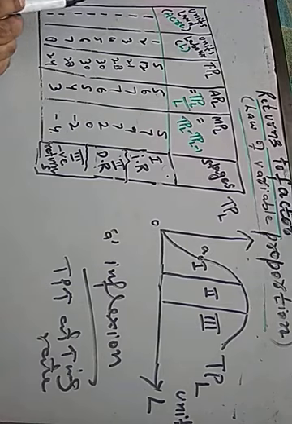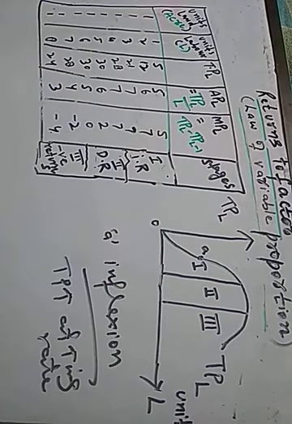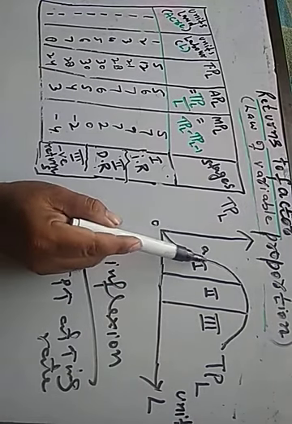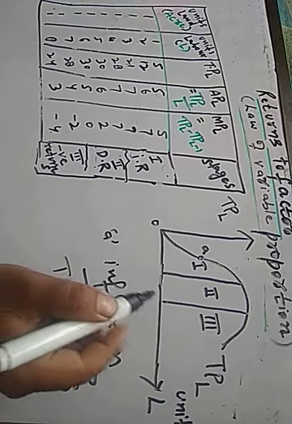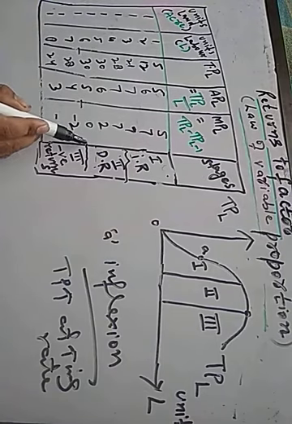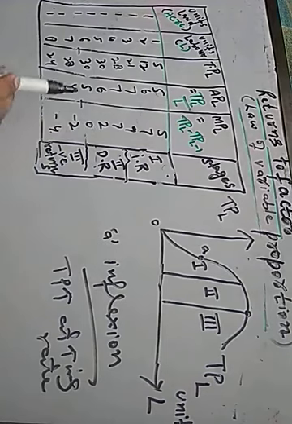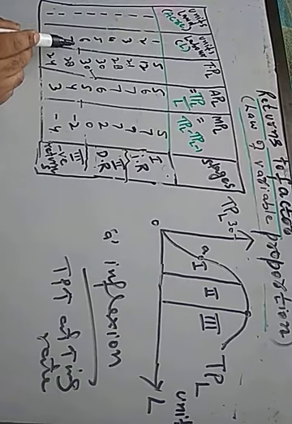In this stage total product, which was increasing at increasing rate, increases at decreasing rate, and the second stage ends when total product reaches the maximum. This is the end point of the second stage, when total product is maximum, 30, and the units of labor employed is L6.